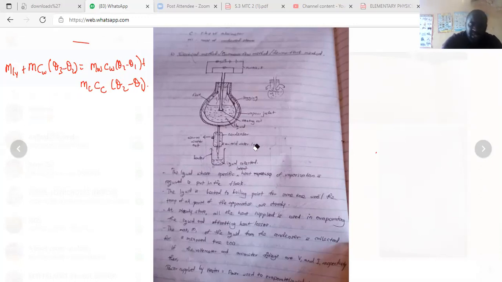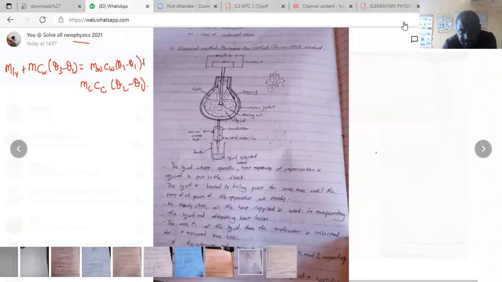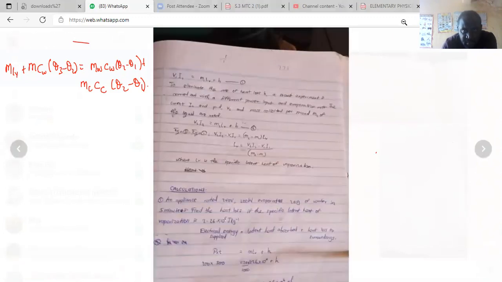It is from here that we come up with these equations that I can display for us to see. So the power supplied is I1 V1 equals M1 LV plus H, to give us equation 1.